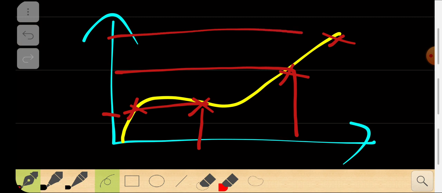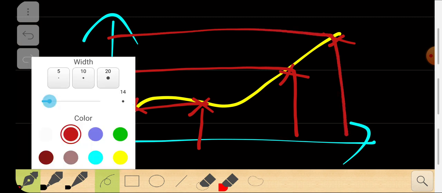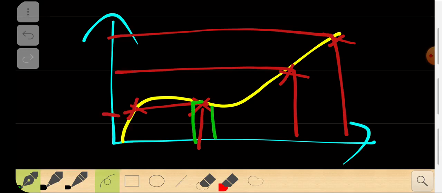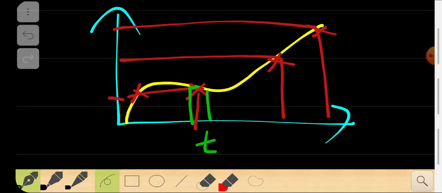If that's what you're interested in, then you have to narrow down the whole point to a smaller value of delta t and a smaller value of delta x.